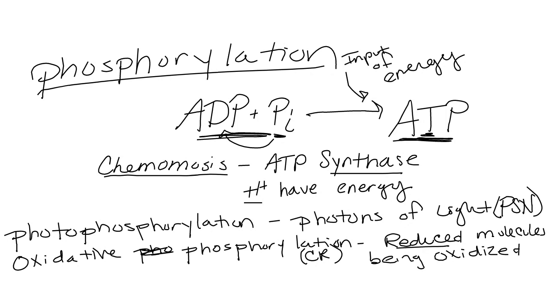Molecules that are reduced, that have the energy, become oxidized. That powers those proton pumps to pump hydrogens against their concentration gradient so that there's a high concentration of hydrogen in a specific space that then can passively flow through ATP synthase to provide the energy to do the phosphorylation.